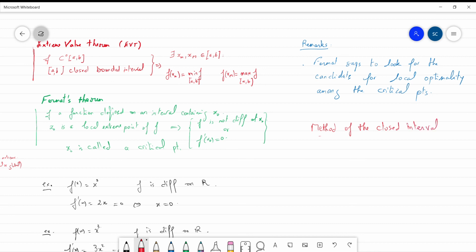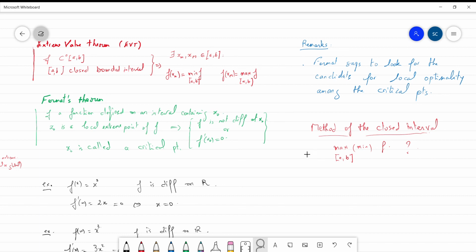We mean that we are able to find the max and the min of a function over a closed interval. The method says that the extreme value theorem tells you that you are sure that we have a maximum and minimum. They exist. They exist where? Here, somewhere on the interval.